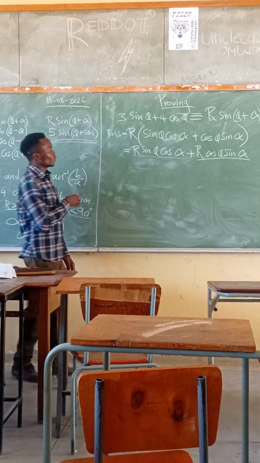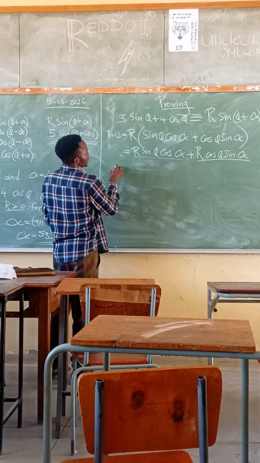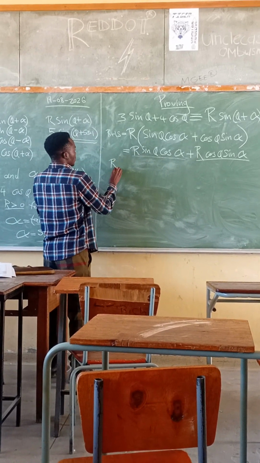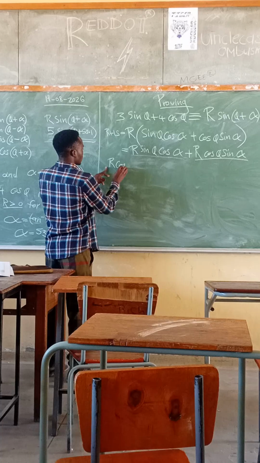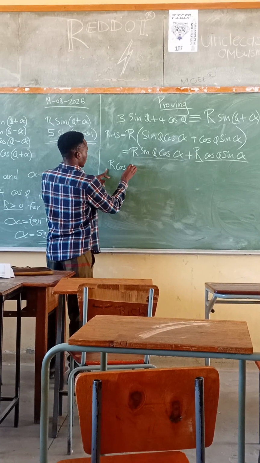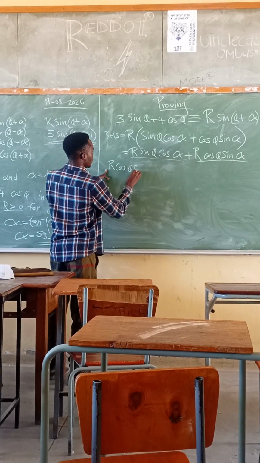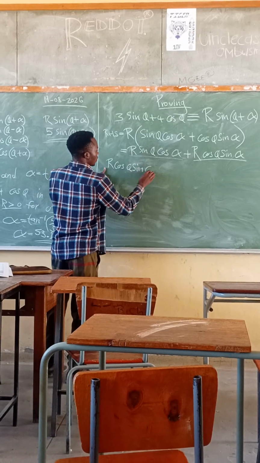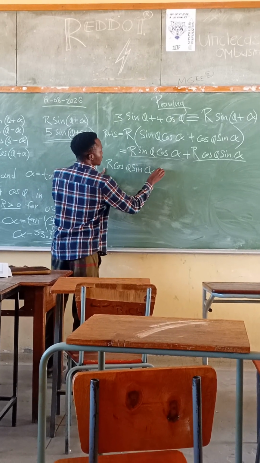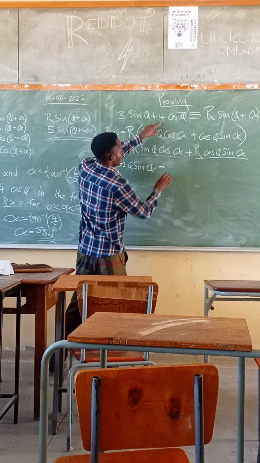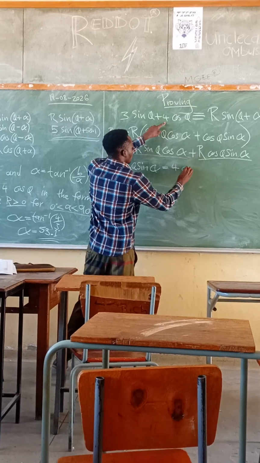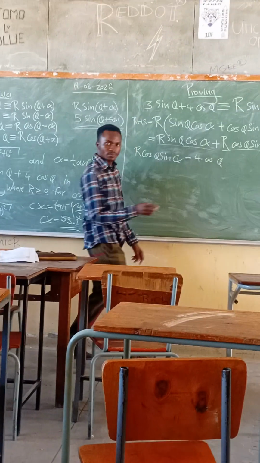So R cos theta sin alpha is equal to 4 cos theta.